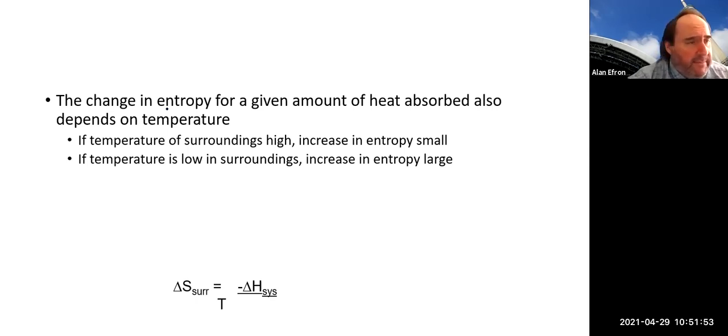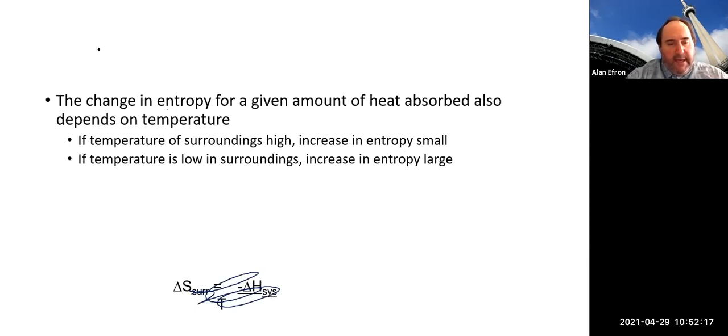If it's a low temperature in the surroundings, then that exothermic process would give off a good amount of heat and energy and make a pretty significant change to the delta S of our surroundings. If we're pretty high in temperature, the entropy change is going to be relatively small for any type of exothermic reaction. So it got a little messed up down here, so let me rewrite it up on top.